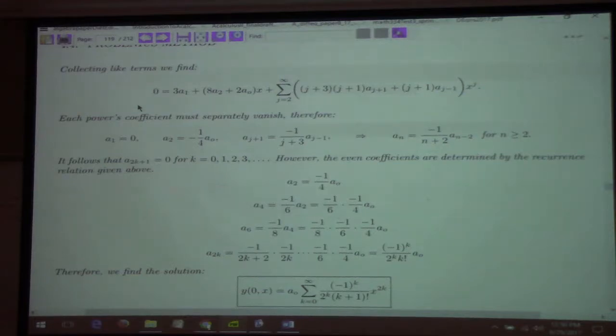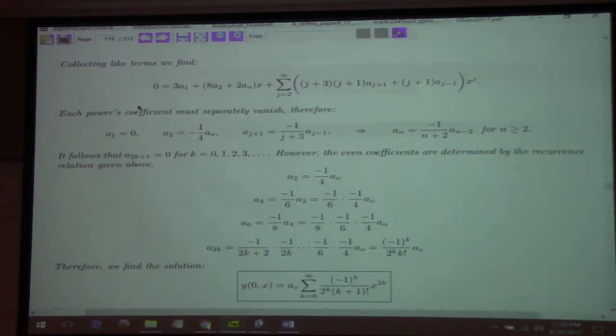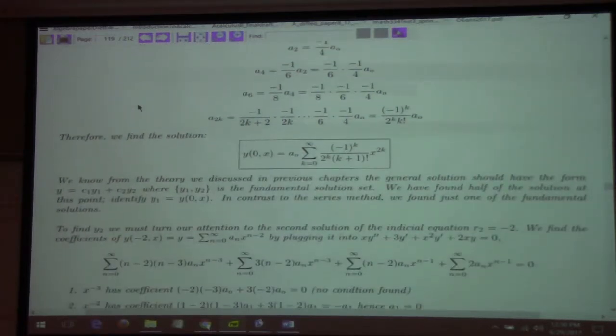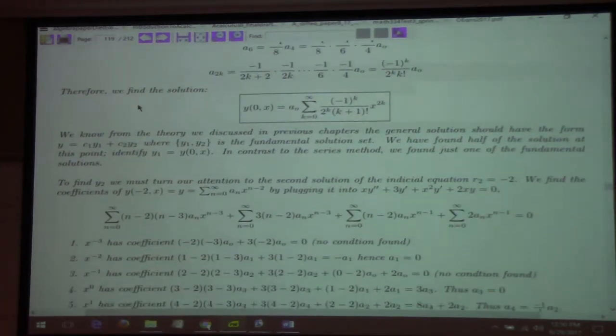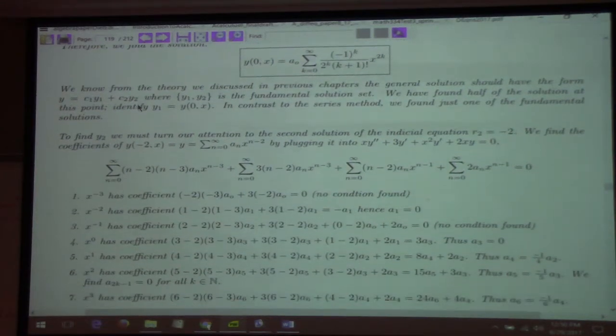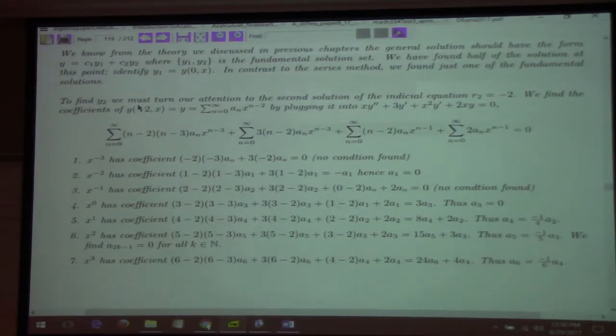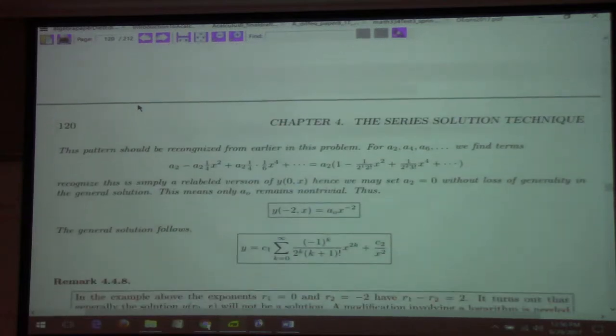Anyway, so this is my Frobenius solution from the index 0. And this, through a quirk of fate, the other Frobenius solution, r equals minus 2, it turns out, I think, that this one actually works.